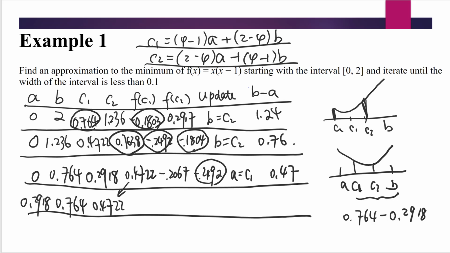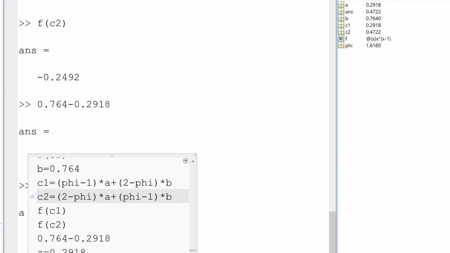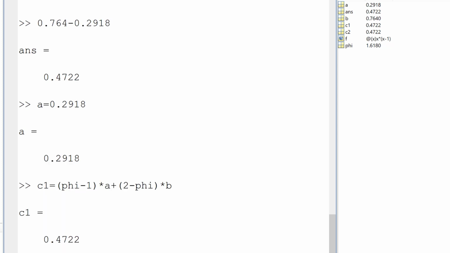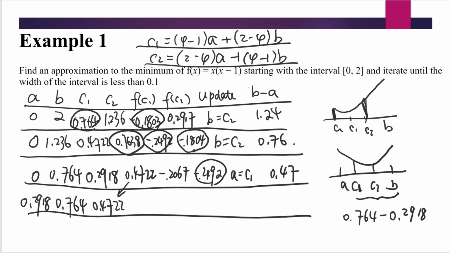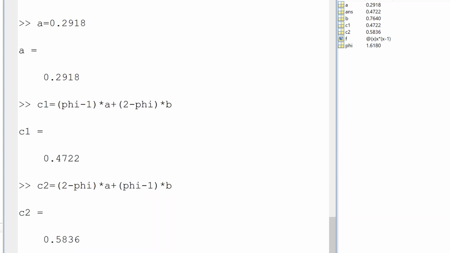So we only need to evaluate C2, which is 0.5836.